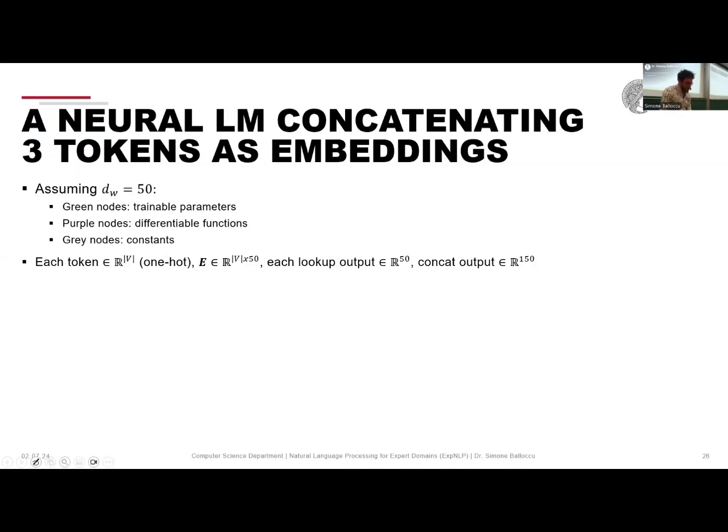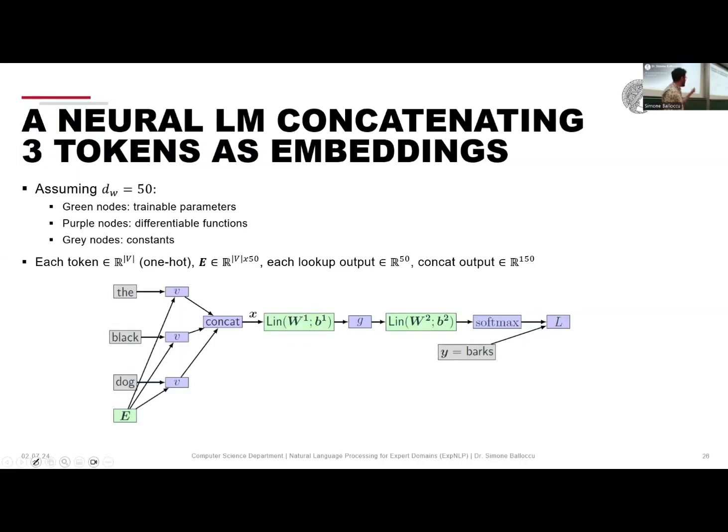Each output is a row of 50 elements, and the concatenation is 50 times 3, 150. So this is what you obtain. We have the one-hot vectors, and we're going to look up in our matrix what the dense vector is. So there is going to be, I don't know, 0, 1, then 0 until position 50.